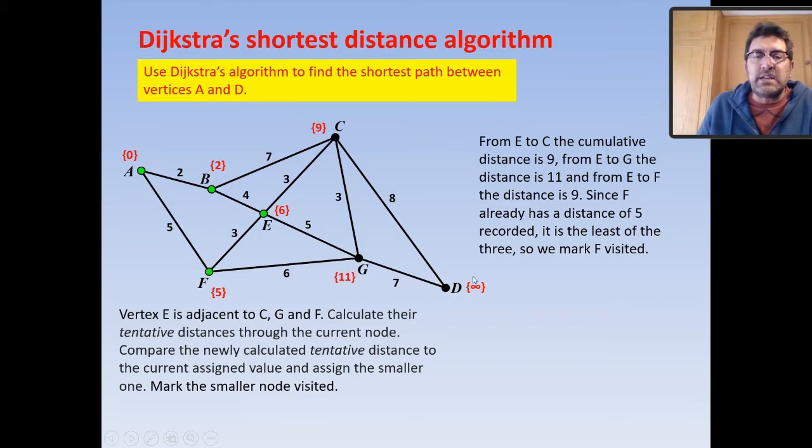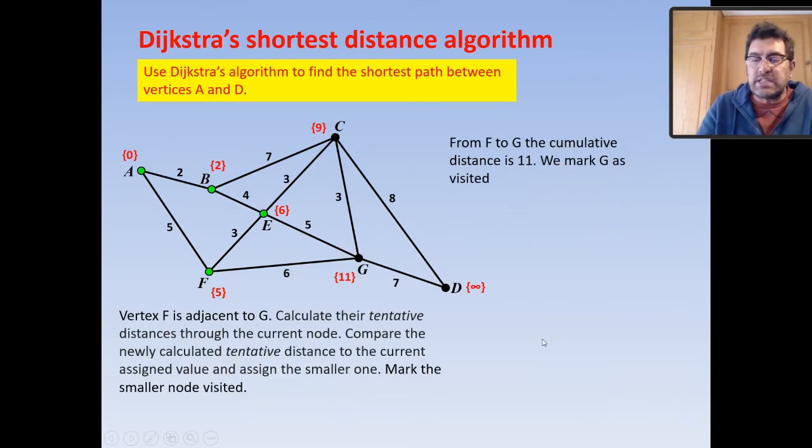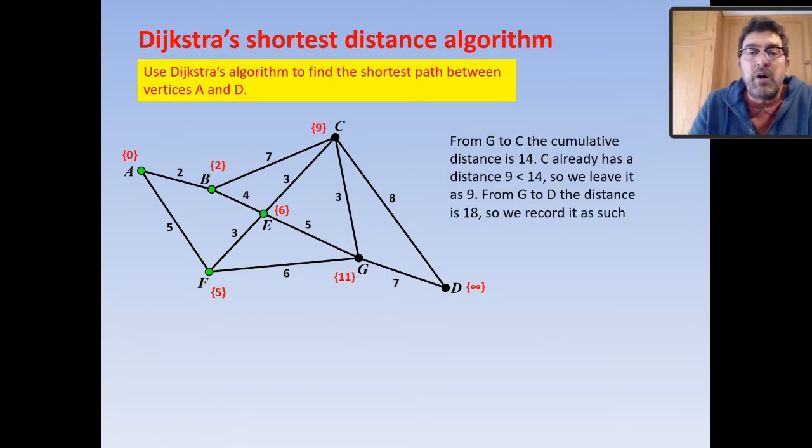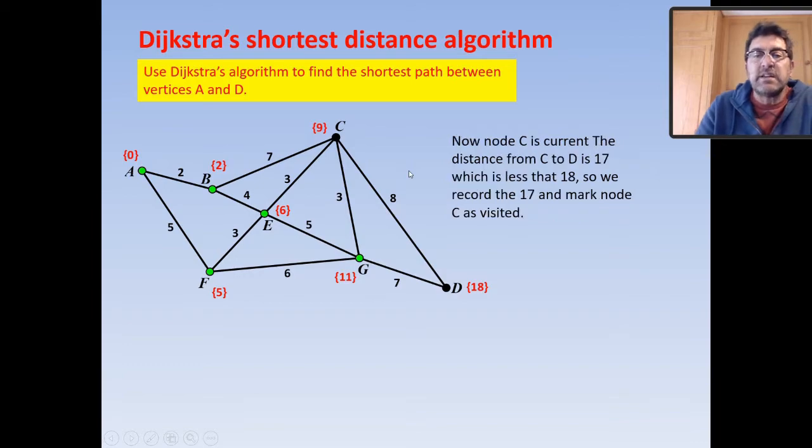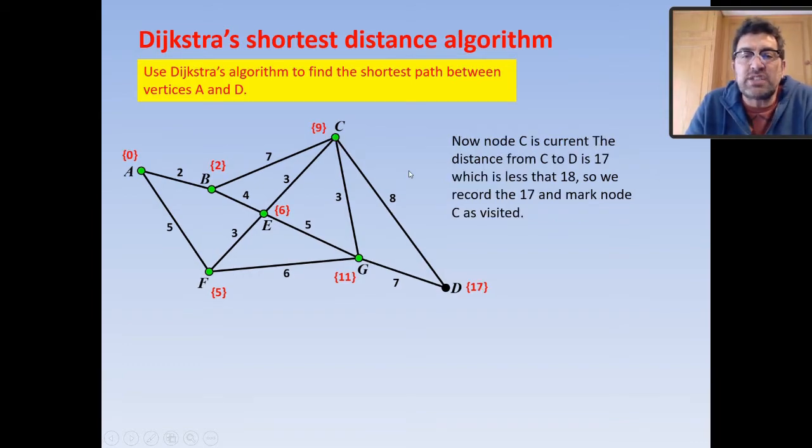So from C to D, I will have a weight of 9 plus 8, which is 17. Sorry, I started at G: 11 plus 7, which is 18, but 9 plus 8 is indeed 17, which is less.